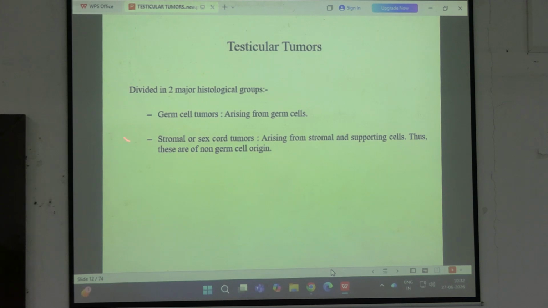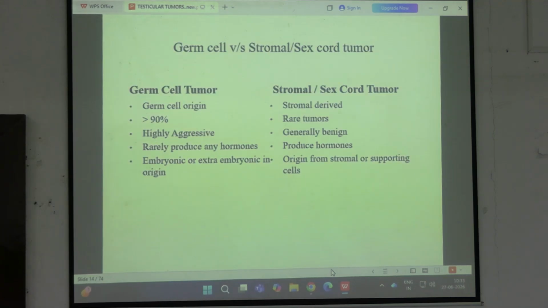So again, mainly two major histological groups: germ cell tumors, arising from the germ cells, and stromal or sex cord tumors. These are the two histological groups. Sometimes they can be present together and give rise to mixed tumors. So let's quickly see the difference between these two groups. Germ cell tumors, of course, germ cell origin, more than 90%. Of course, we know that it's very common, right?